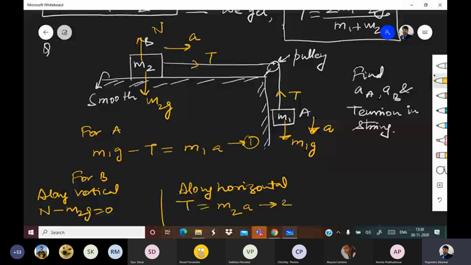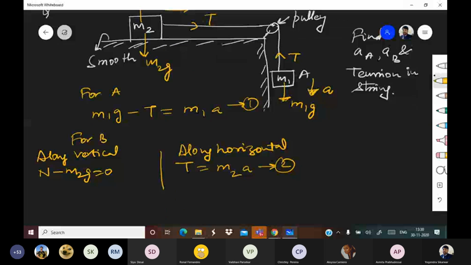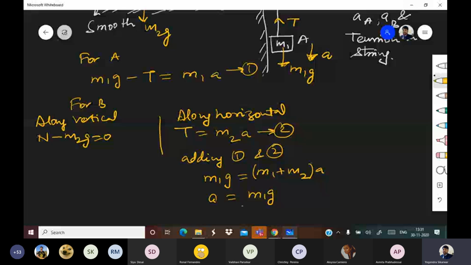So if you add 1 and 2, what do we get? M1G equals (M1 plus M2) into A. A comes out to be M1G upon (M1 plus M2).